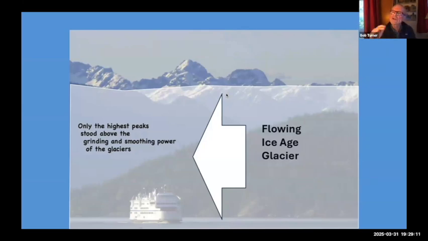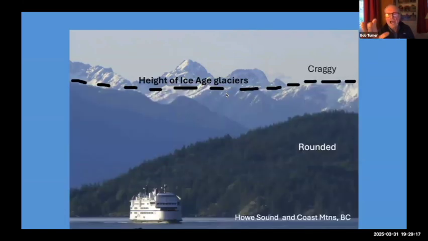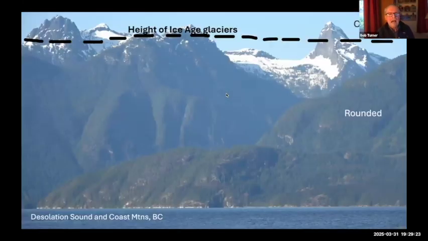Higher elevation hills, less rounded. And that pattern plays out in many places, that craggy to rounded landscape. For example, if you go to the north end of Salish Sea up to Desolation Sound, you see those jagged peaks up high, whereas down below, a much more rounded landscape.